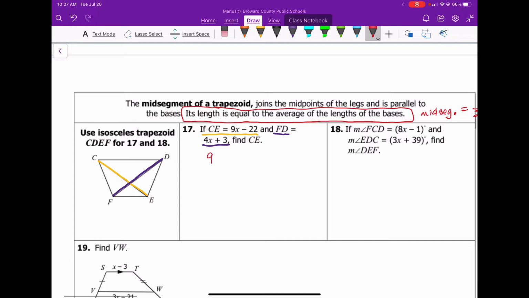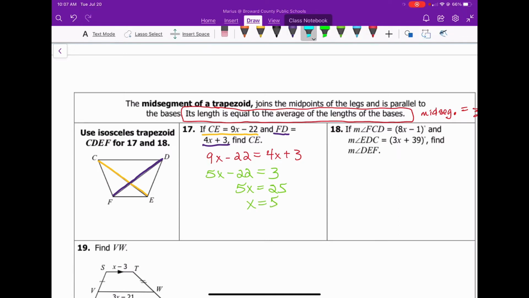So 9x minus 22 equals 4x plus 3. Subtract 4x from both sides, and you get 5x minus 22 equals 3. Add 22 to both sides, and you get 5x equals 25. Divide both sides by 5, and x is equal to 5.